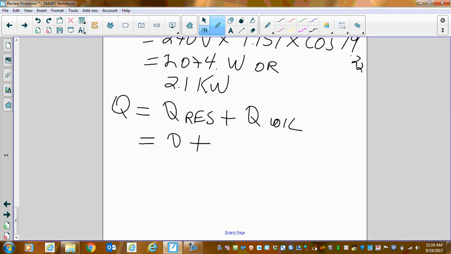I must have done something wrong in here. I'm just sine of the angle. Because there is no Q in our resistor, our answer here should be 0 plus basically 723.